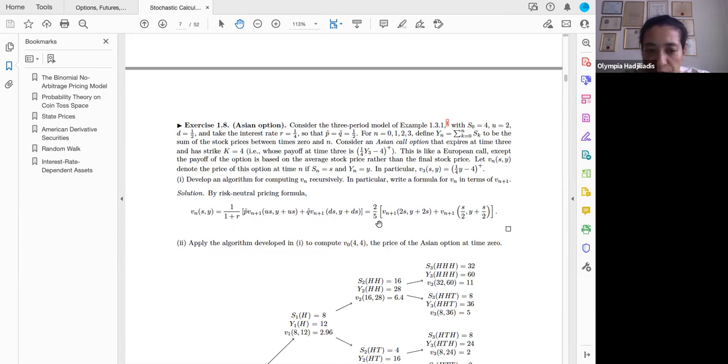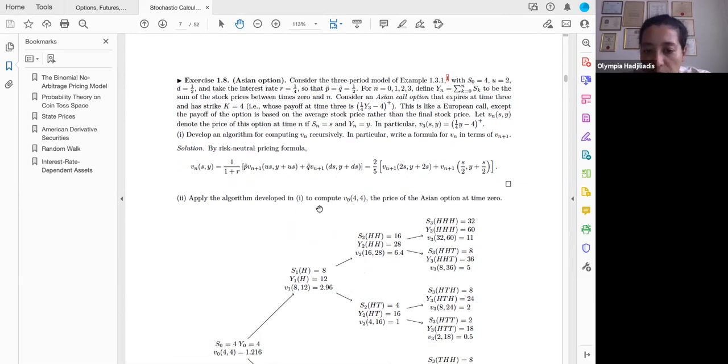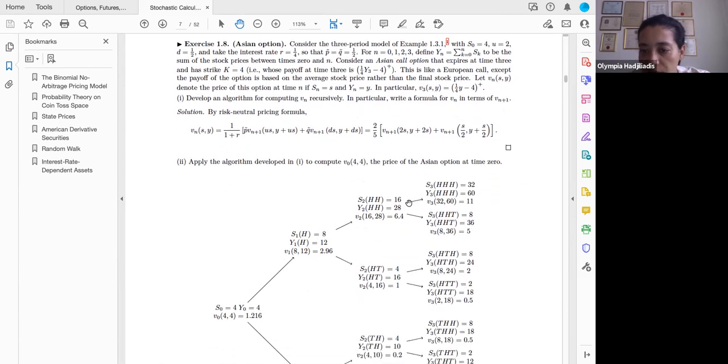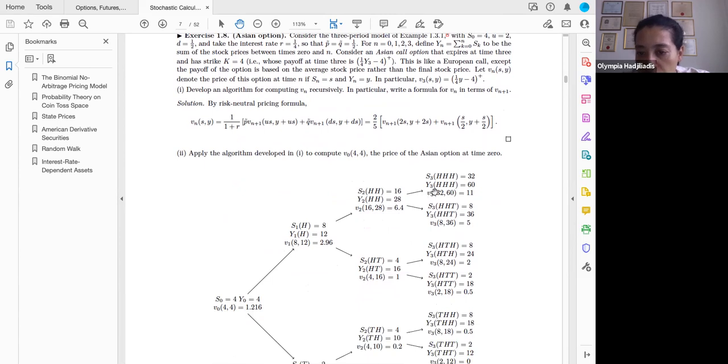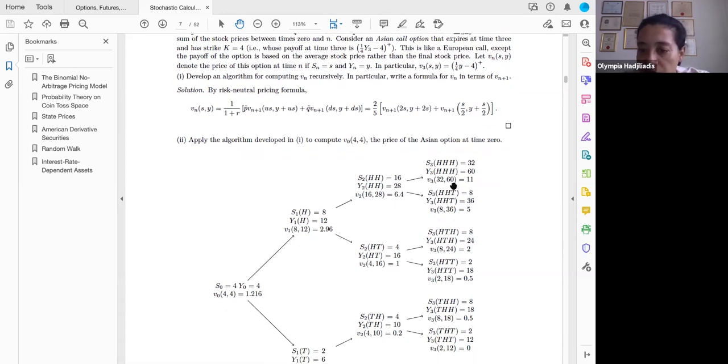So you obtain 2/5. So you apply the algorithm developed in part 1 to compute V0(4,4), the price of the Asian option at time 0. And you obtain, so S3 of HHH is 32, Y3 of HHH is 60, V3(32,60) is 11. And you apply this formula basically to go back.